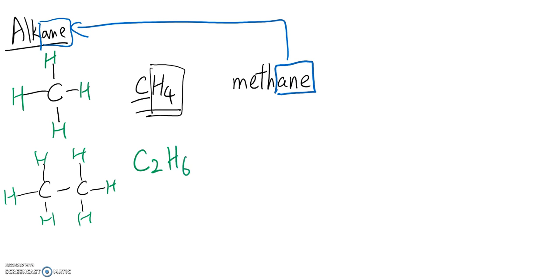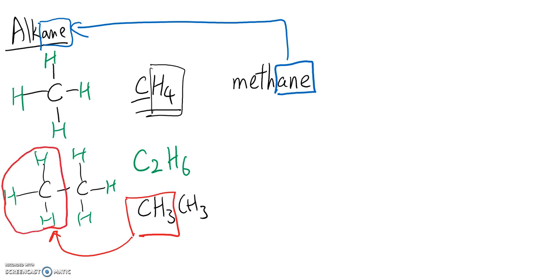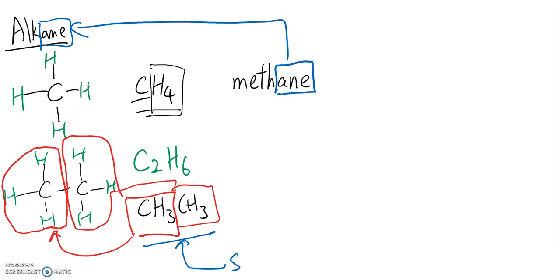But to know the structure of this compound more clearly, we usually write it as CH3, which refers to this carbon connected to 3 hydrogens, and the other carbon attached to another 3 hydrogens. If we display a formula like this, we call it a structural formula.